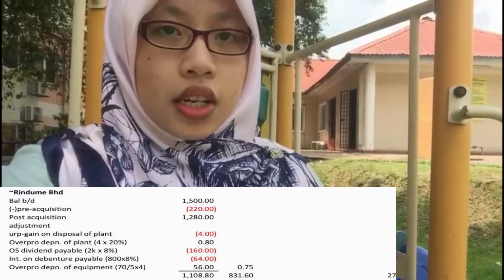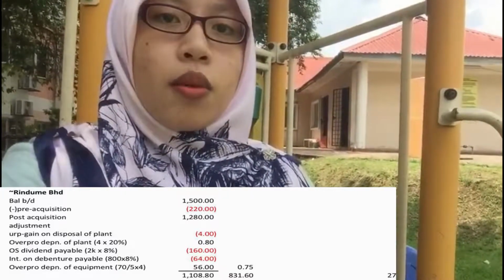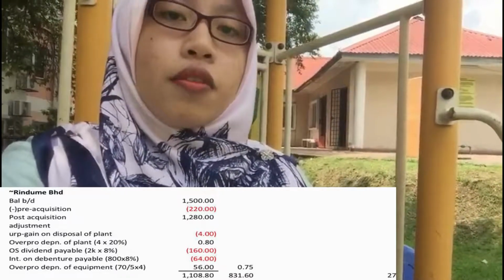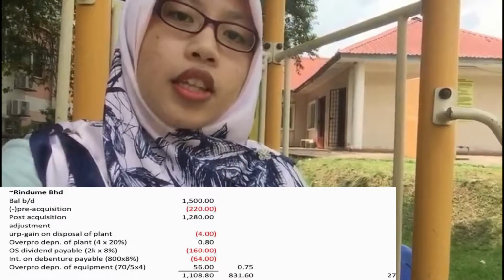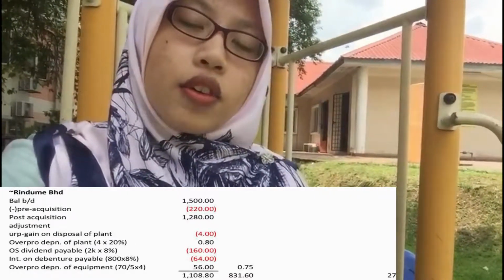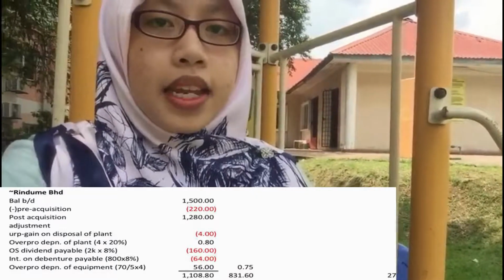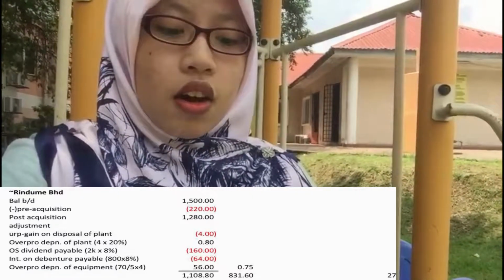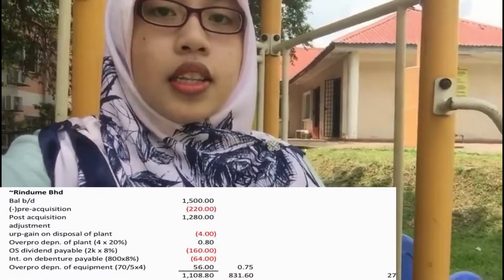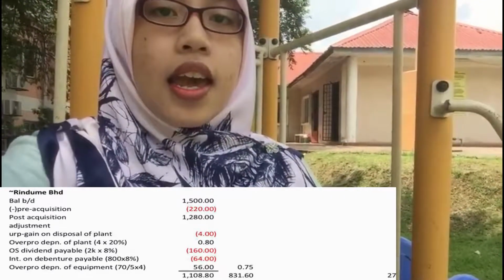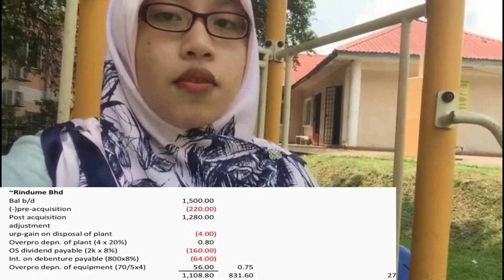Provided depreciation, which arises from the lower fair value of the equipment 70 million at the date of acquisition 56 million. Next is the ordinary share dividend payable negative 160, and the interest on debenture 64 million.